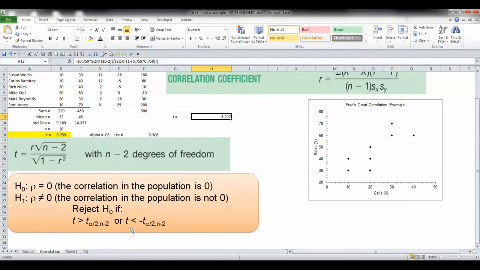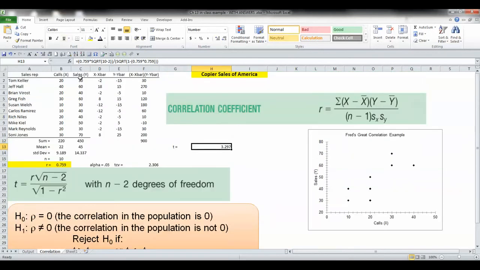So we reject the null hypothesis that there is no correlation between the two population values of the sales calls made and the number of sales that we have.